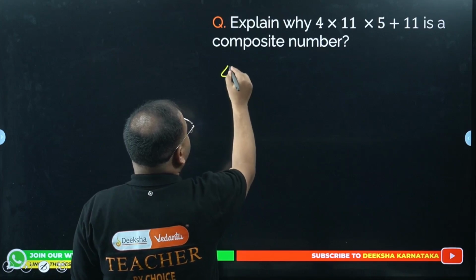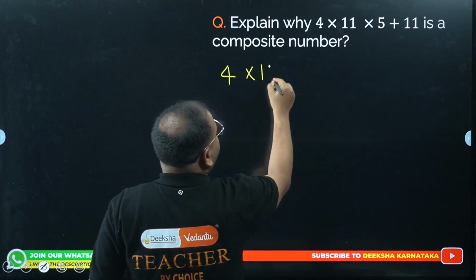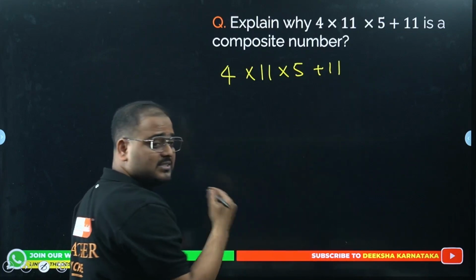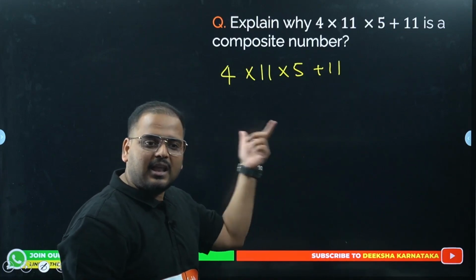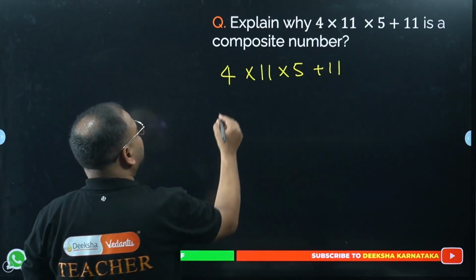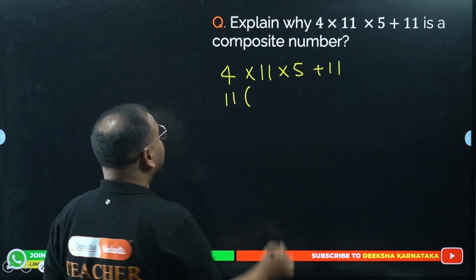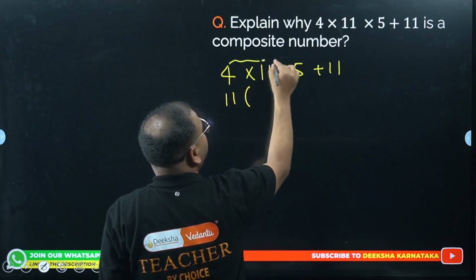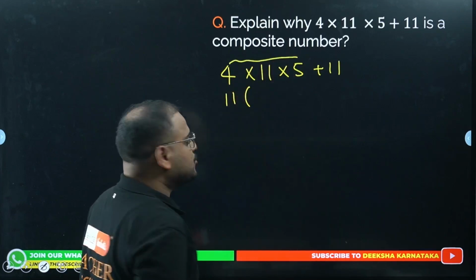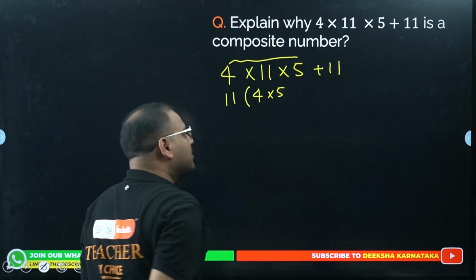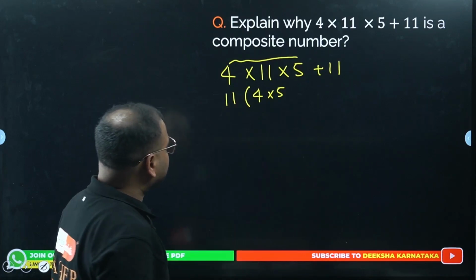So 4 times 11 times 5 plus 11. What do you think over here? 11 is a common number. Let's take 11. Okay, so let's take 11 common. What's left in the first term? Over here, what is left? 4 and 5, right? So I can take 4 and 5 as the left part in the first term.